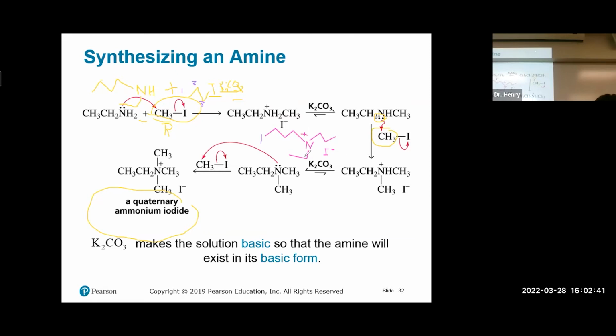Okay, so us adding the base is going to do what? What did you do in these circumstances when we added the base here? What was that? No, actually, we removed that one hydrogen.